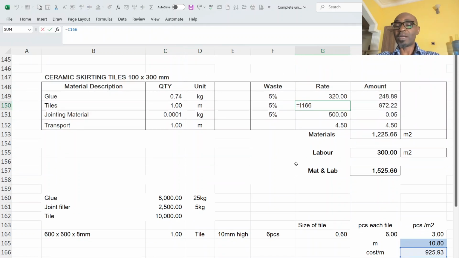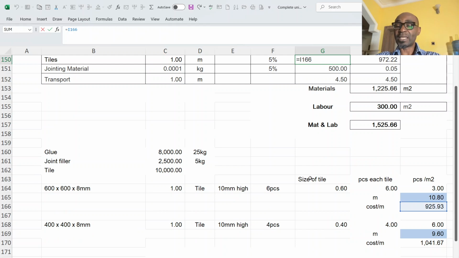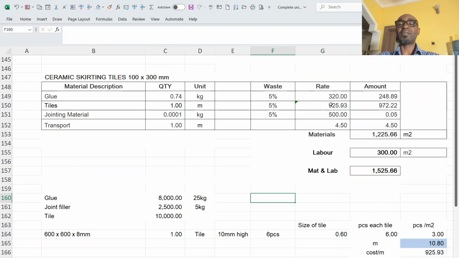I could as well take the other amount, but since this is for the purpose of illustration, I'm taking the cost per linear meter for 600 by 600 tiles. So I have 925 per linear meter.